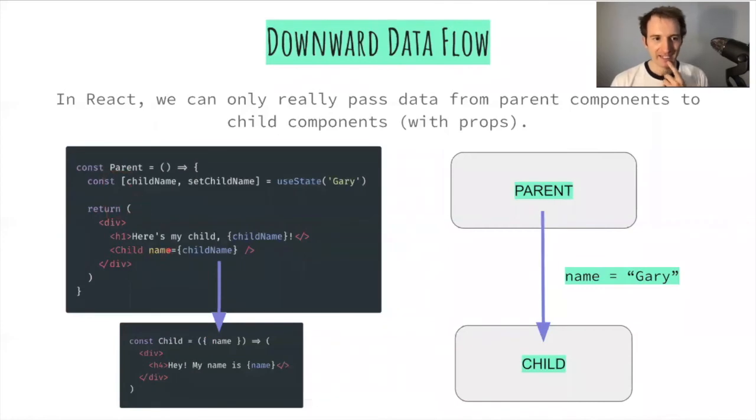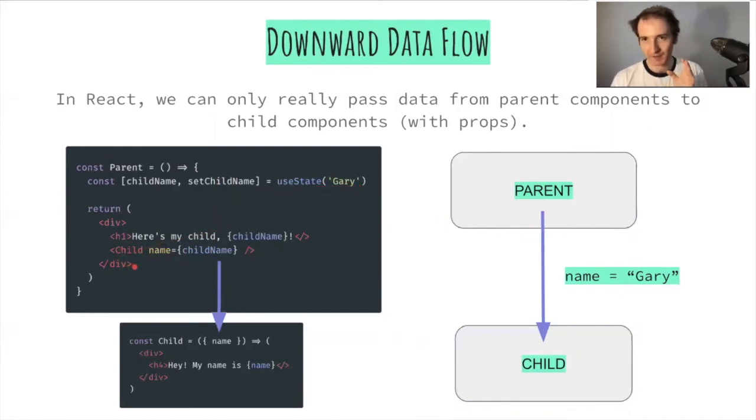The parent has a piece of state called childName. We're using this useState hook to generate this variable called childName, and we also get the state setter called setChildName. So at the moment it's called Gary.